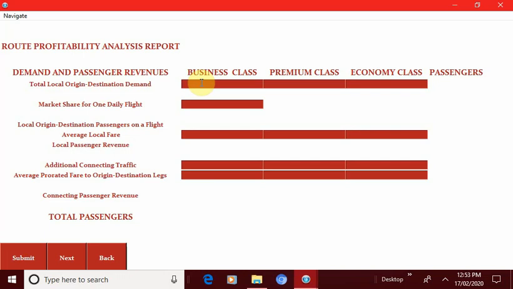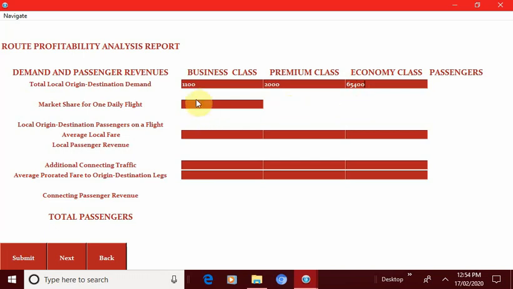Okay, we'll submit it. Now the screen changes, this is for the business class, premium class, and economy class. Demand forecasting figures need to be entered. That can also be done by a causal method which uses the advanced booking data. So let's assume that they have come up with these figures, 1100 for business class, say 2000 for this particular premium class, and say 65,400 for economy class.